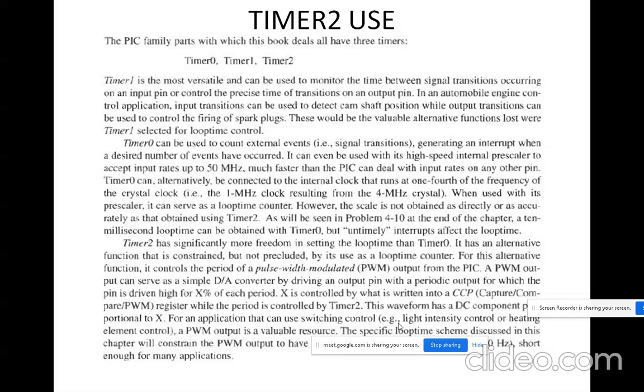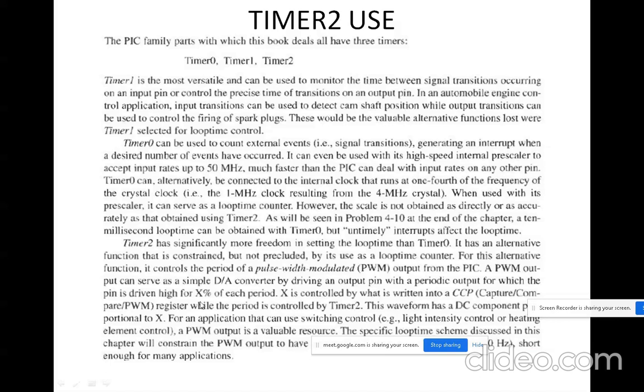Timer 0 will not have this control at all, but timer 2 has this alternative function for performing the control over the pulse width modulation on the digital to analog converter present at your output pin.